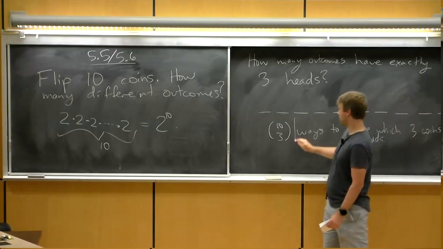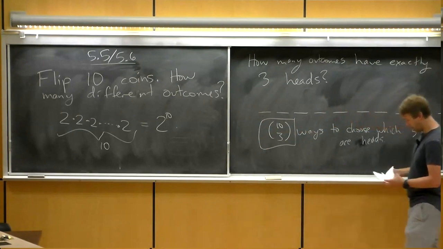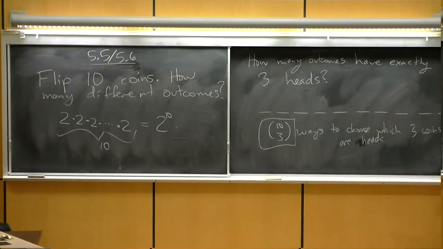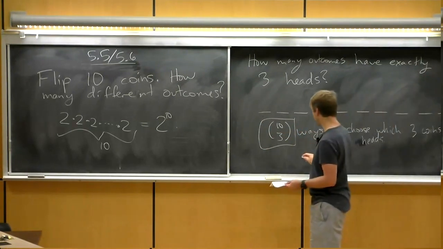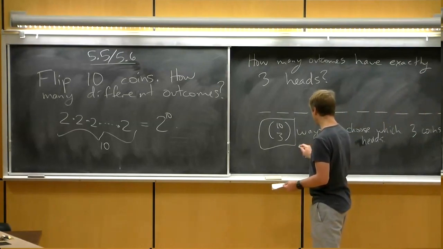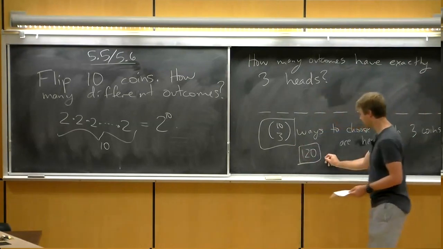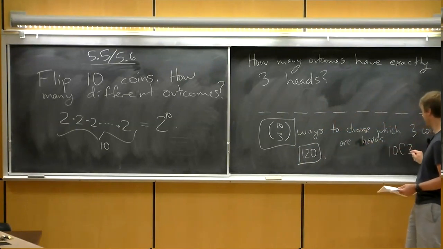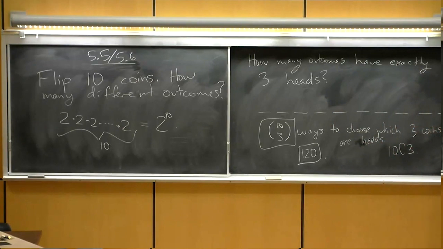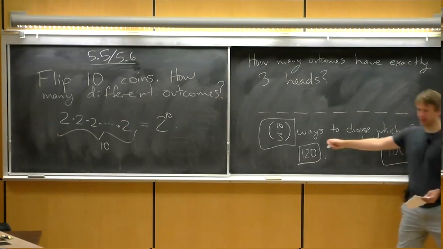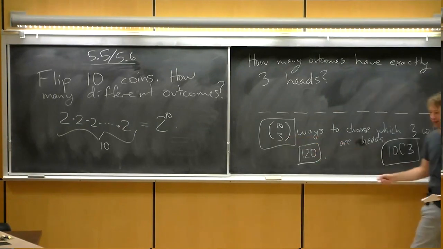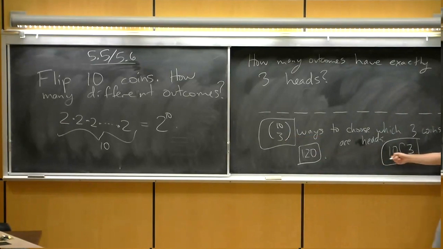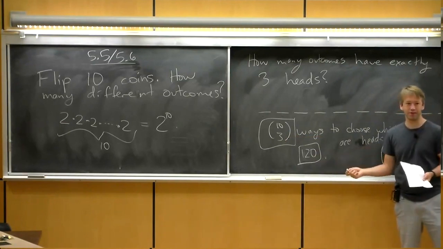Okay, so that's going to be your answer, which simplifies to 120. So if you put 10C3 in your calculator, you'll get 120, hopefully. So, okay, so these are 3 different ways of writing the same thing. It's 10 choose 3, 10C3, but the raw number is 120.